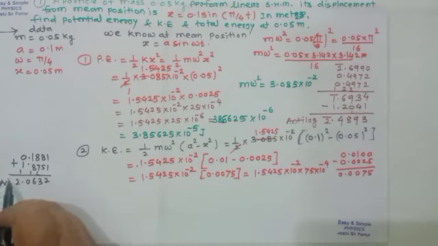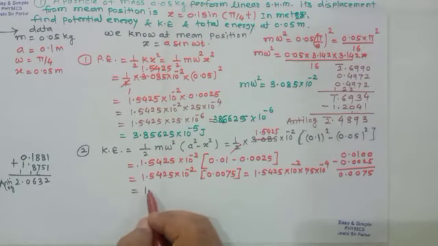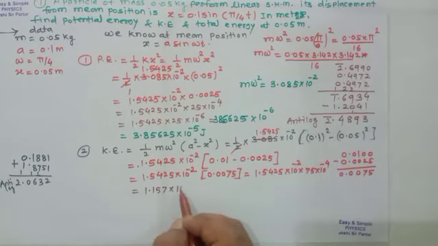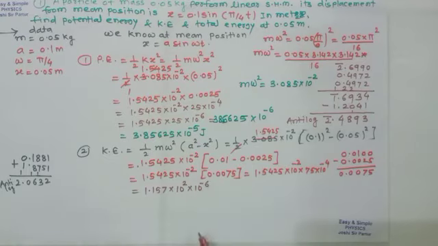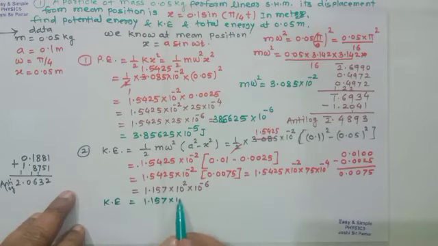If we take antilog of 0.6 in 3, 2 is in mean difference. So antilog of 0.6 in 3 and 2 is mean difference will be 1.157 into 10 to the power 2 into 10 to the power minus 6. So here kinetic energy will be 1.157 into 10 to the power minus 4 joule.